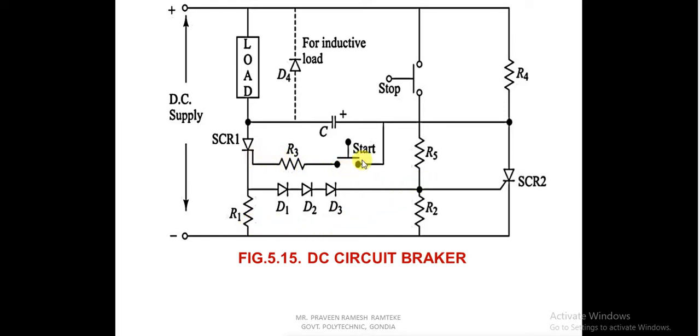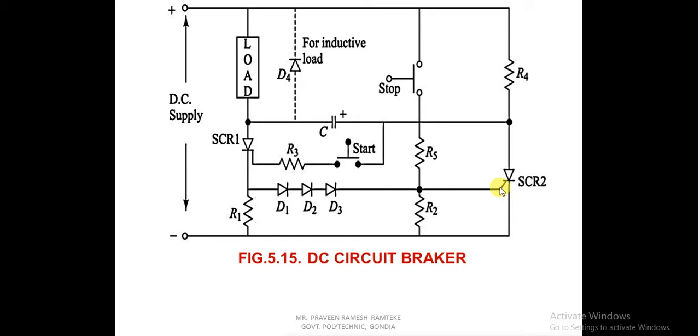The switches are used to apply the triggering pulses to the SCR. Start switch is connected to the gate of SCR1 so that the triggering pulse is applied to SCR1. The series diode connection is connected to the gate of SCR2 so that triggering pulses can be given.